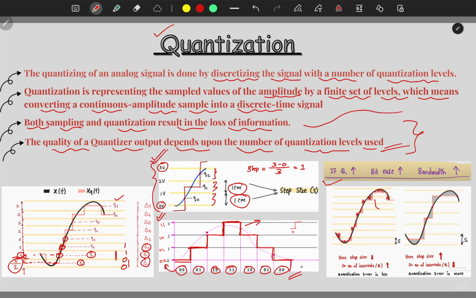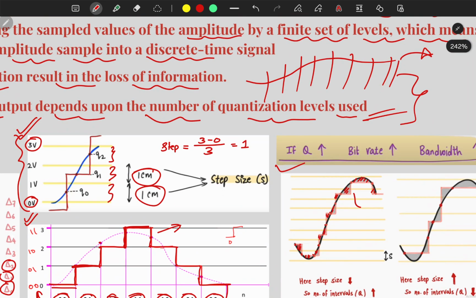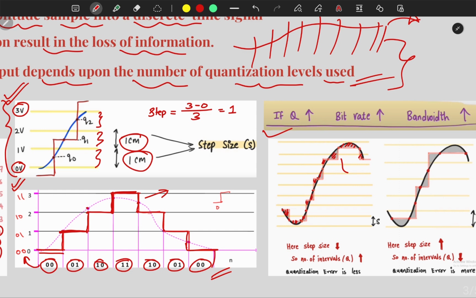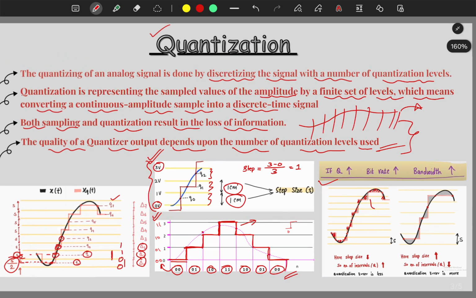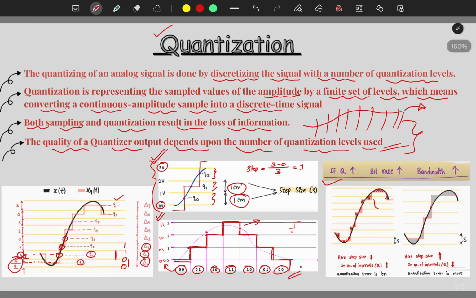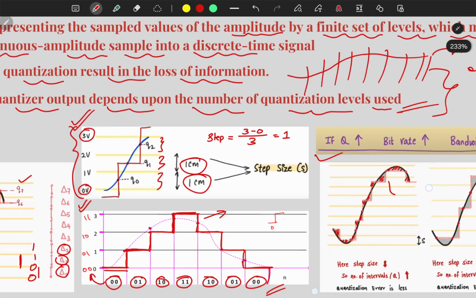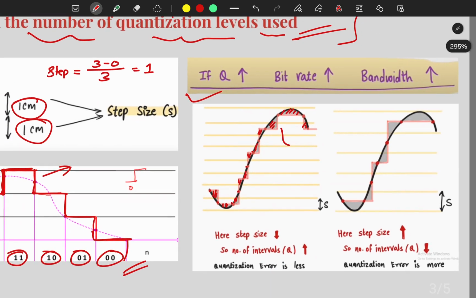While doing sampling, if this is the analog signal, then we cut the analog signal into small parts. In this process there is a loss of information. In a similar way, in the process of quantization also, we will not take the exact values, we'll take approximate values, with a little bit of error in it. Likewise, this statement is self-explanatory now.